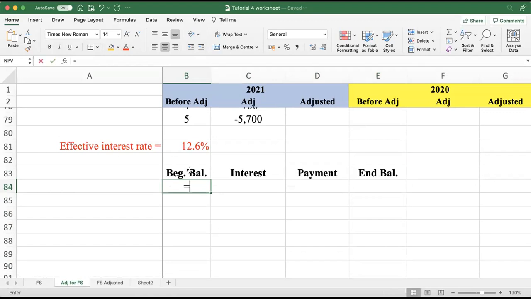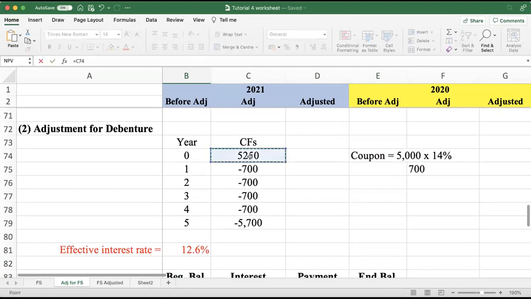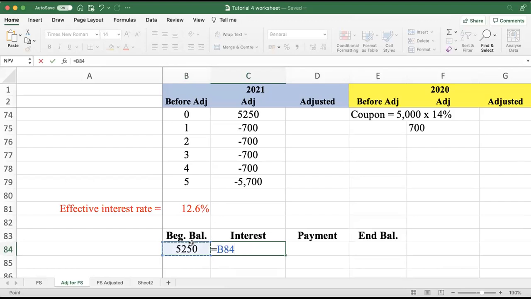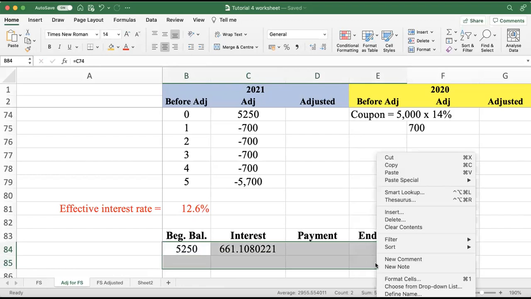So the issue price is the beginning balance, 5,250. Interest equals beginning balance multiplied by effective interest rate.